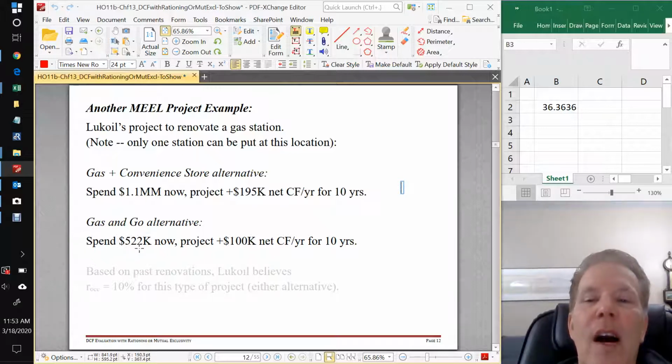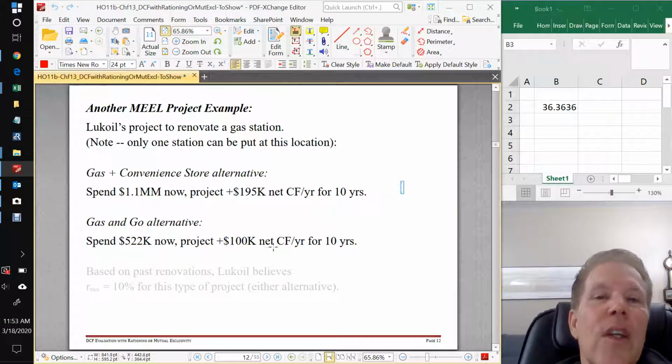So that costs a lot less to do, a little more than $500,000 for the renovation. And they project, if they do that, that they'll get about $100,000 a year in net cash flows after taxes for the next 10 years. And then they're going to renovate again after 10 years.